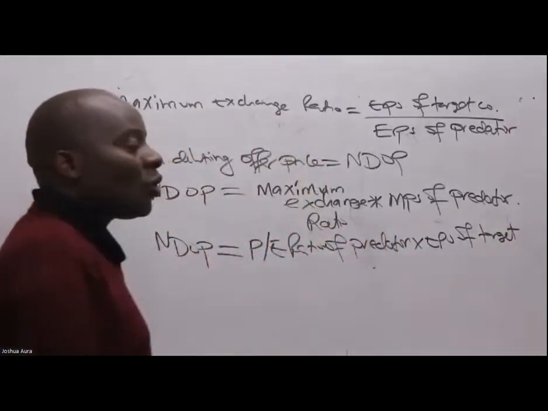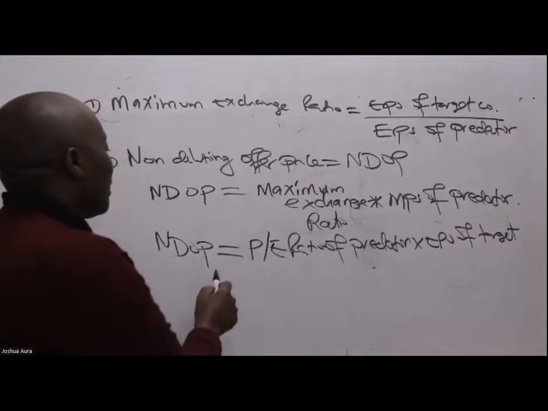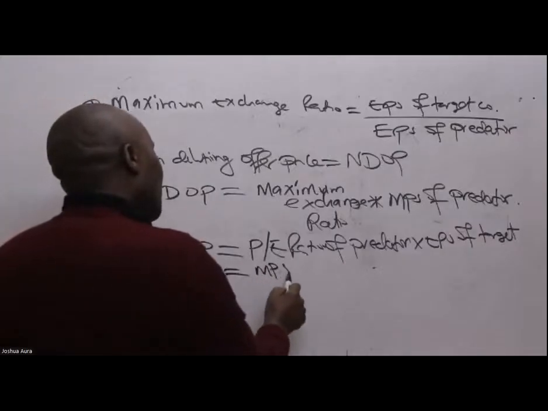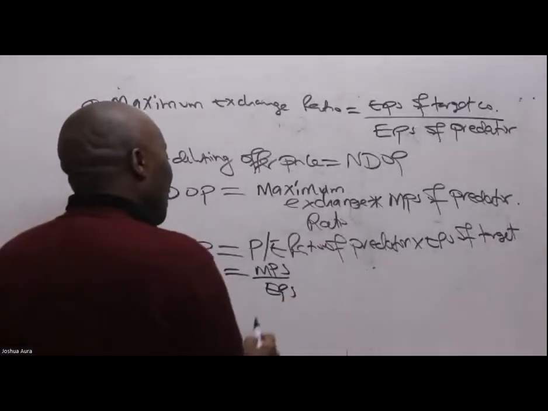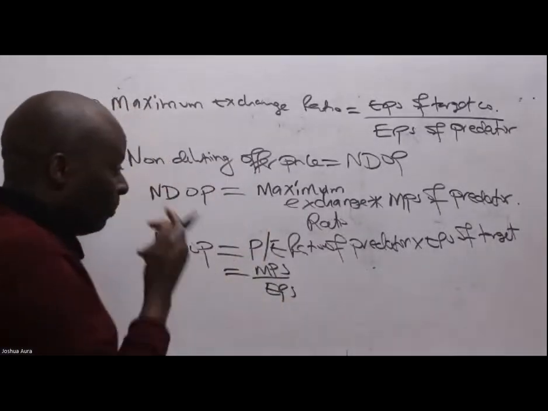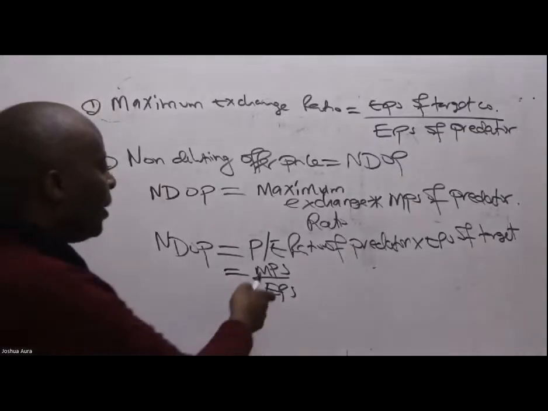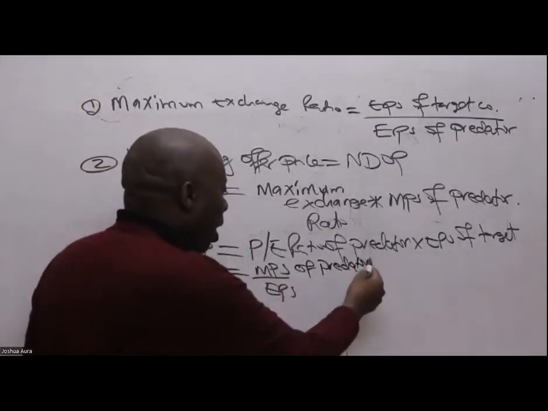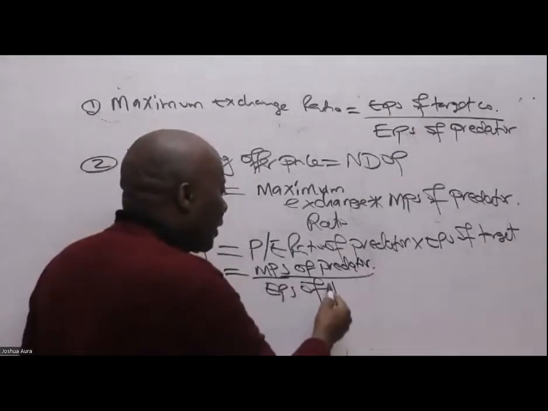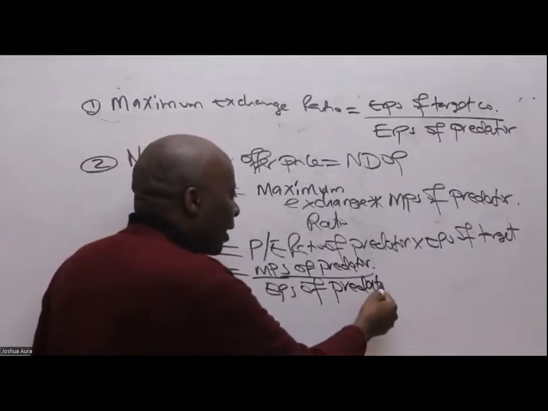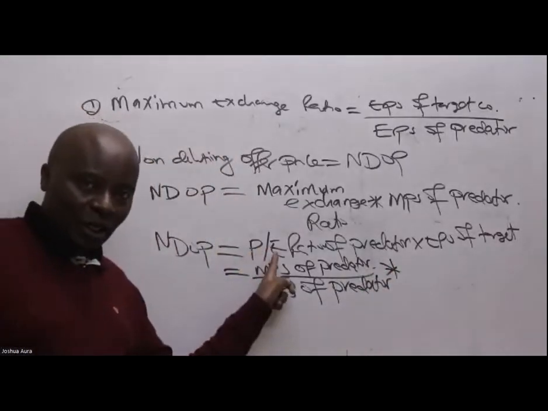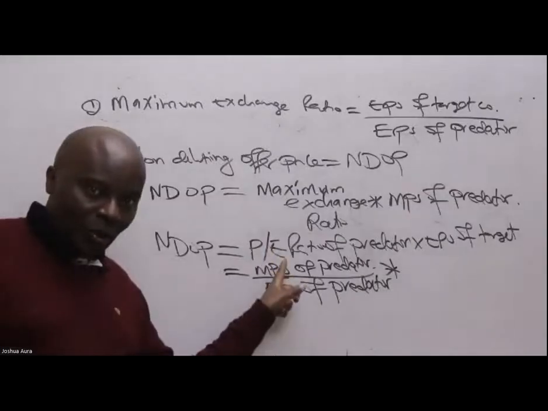And what Mr. George is telling us is that this PE ratio, of course, he knows the formula, is MPS all over EPS. So it is MPS of predator all over EPS of predator, the price earnings ratio.